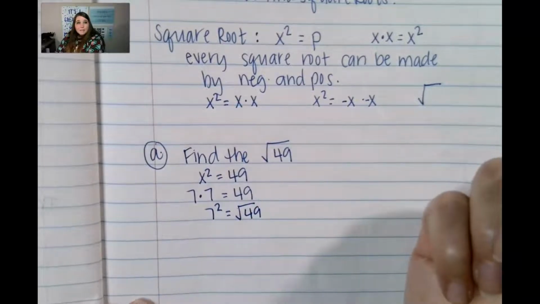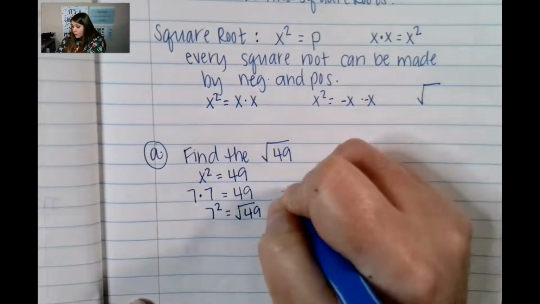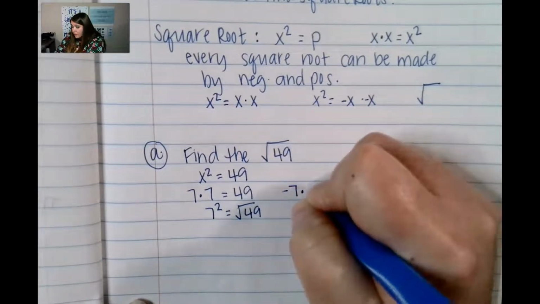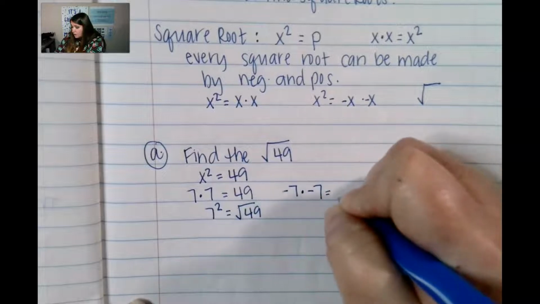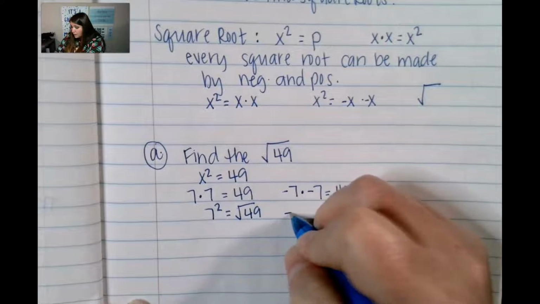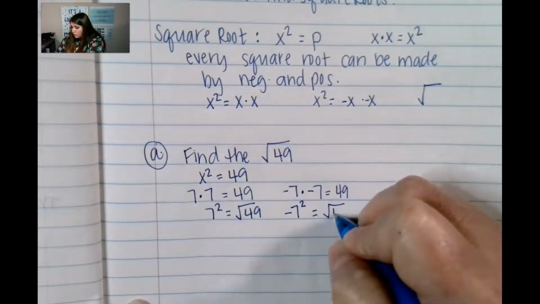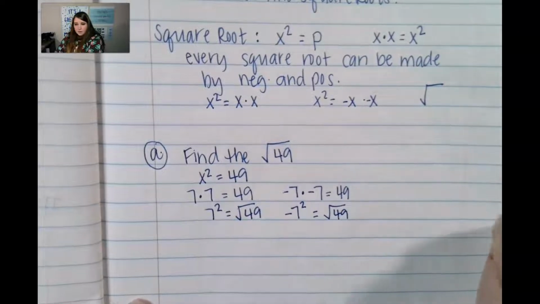Okay, but that's not all. We know that a negative times a negative equals a positive. So negative 7 times negative 7 also equals positive 49. And so we know that negative 7 squared would give us the square root of 49.